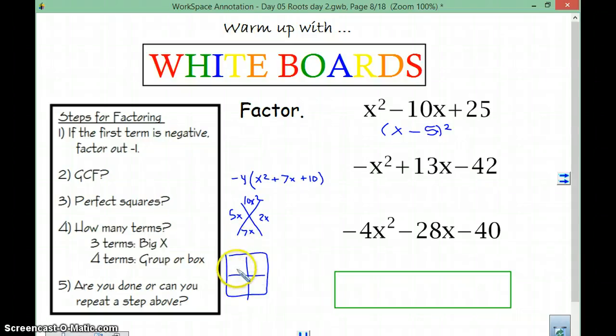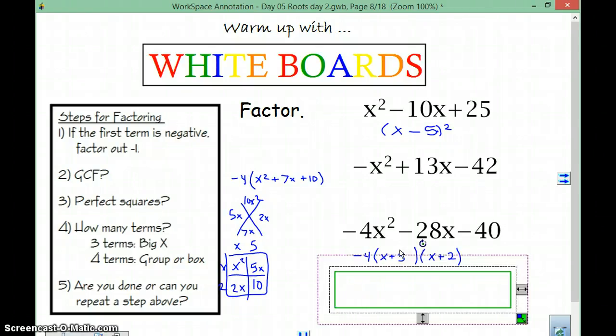This becomes, use this number and this number, x squared, 10, 5x, 2x, greatest common factor, x plus 5, x plus 2. Final answer, don't forget your GCF, negative 4 times x plus 5 times x plus 2.